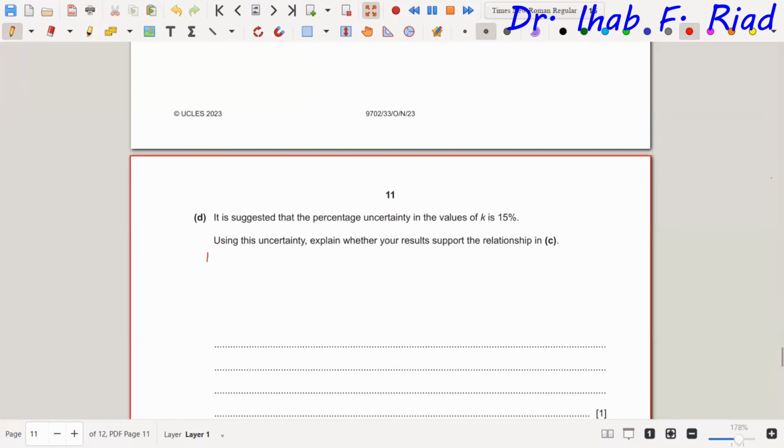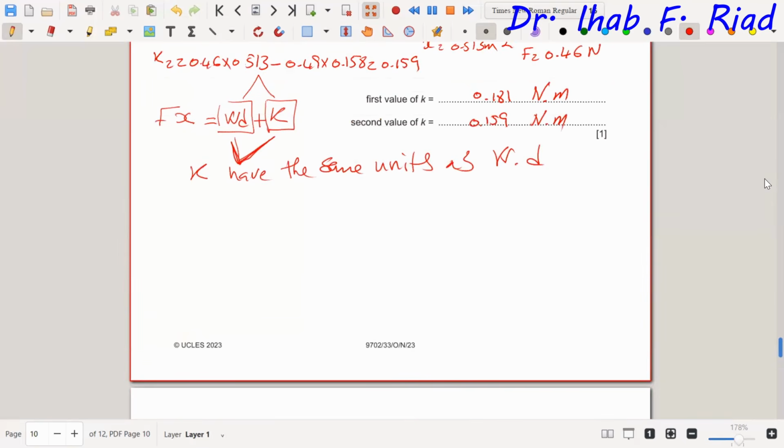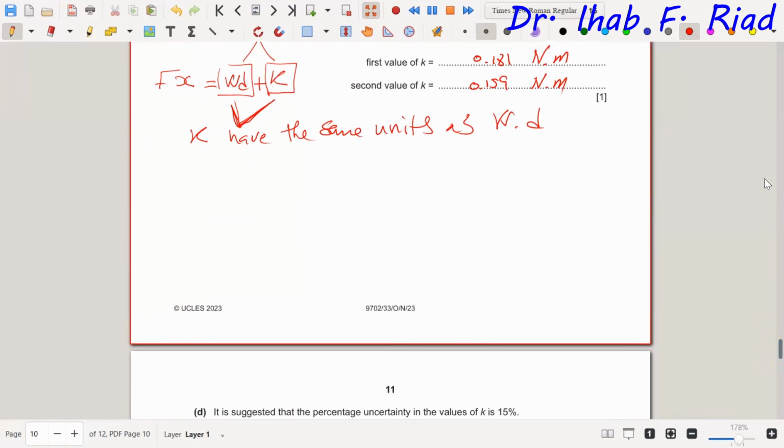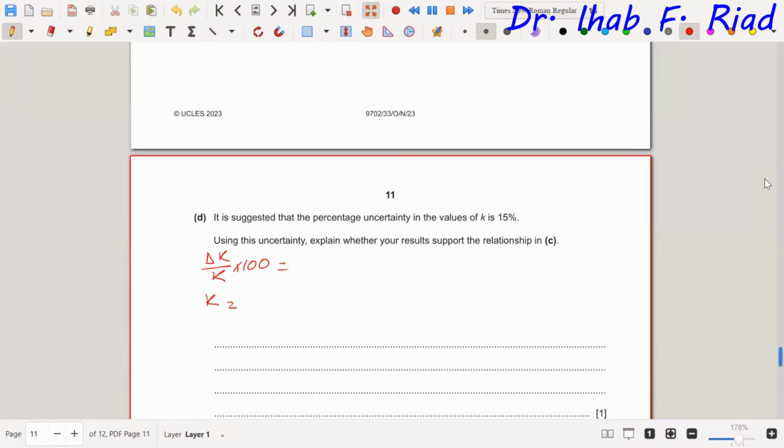So we need to calculate delta K, divide by K, times 100, right? So what is delta K in this case? First, what should we use for K? The first value? No, the average. The average.